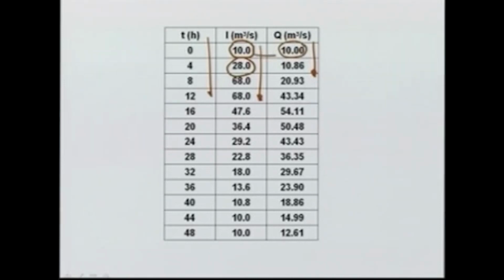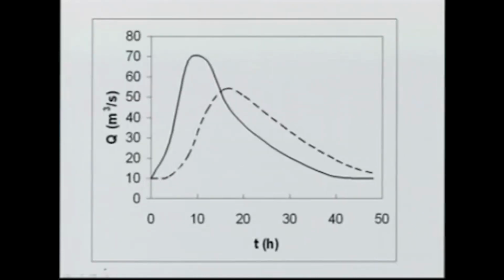These three values will give us 10.86. When we go to the next step, then we use I1, I2, Q1. In this way, we can proceed our calculations like this and get the outflow hydrograph, which is plotted here.